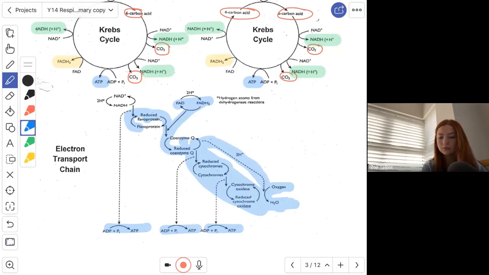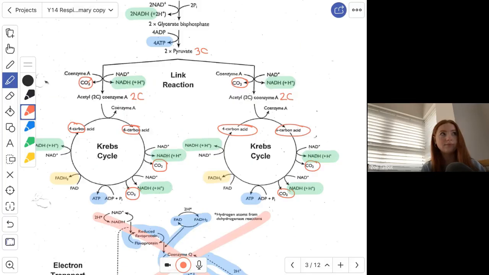Now, we said that if there's no oxygen, this will not work. If you've no oxygen, it means that if the NAD picks up hydrogen at any stage in glycolysis or the link reaction or Krebs cycle, it can't get rid of the hydrogen.